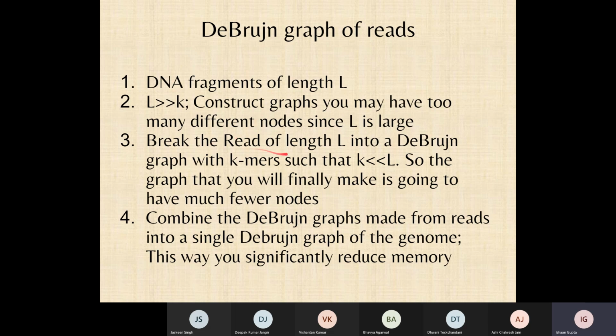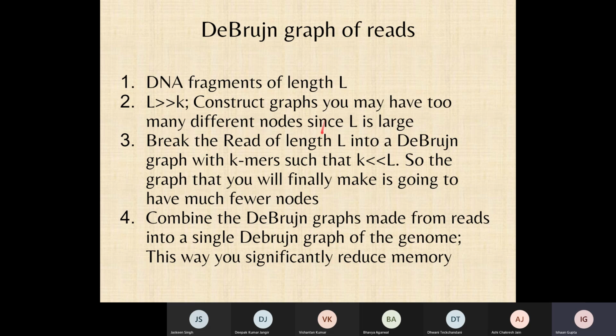So what you do is you break the read of length L into a smaller De Bruijn graph for that individual read, right? Because k is much smaller than L, the graph is going to have a much smaller number of nodes. And now, using the same idea for constructing the De Bruijn graph, you're just going to glue together all the nodes which are similar across all the reads, and you are essentially going to construct the entire genome.